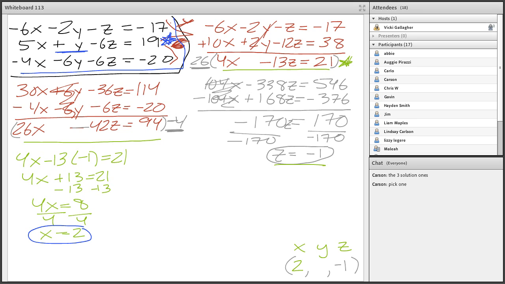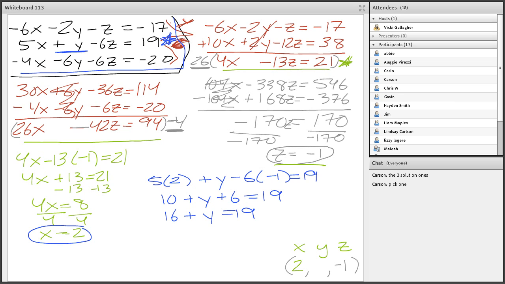And so I'm going to plug in my 2 for my X, and I'll plug in my -1 for my Z, and now I can solve for Y. And that's my final answer.